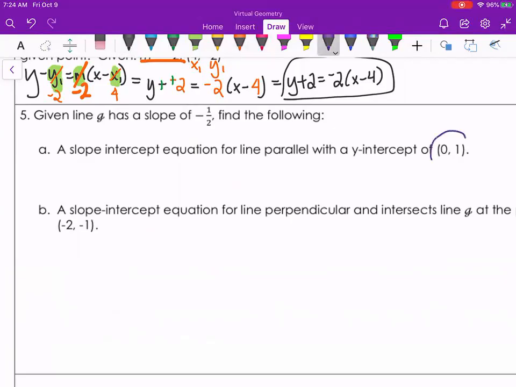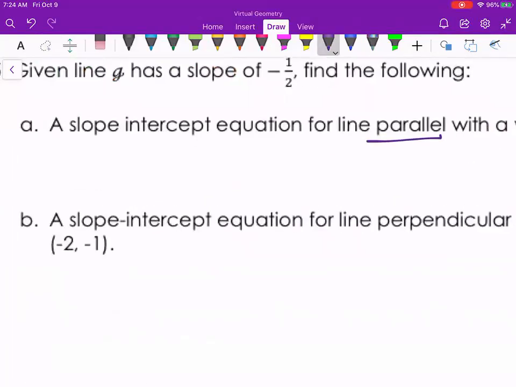Okay, so right away, if they're giving me my y-intercept, that means I have my b value. If I need parallel, I need same slope. So that means for this first one, I'm going to use that -1/2. So my m is a -1/2.